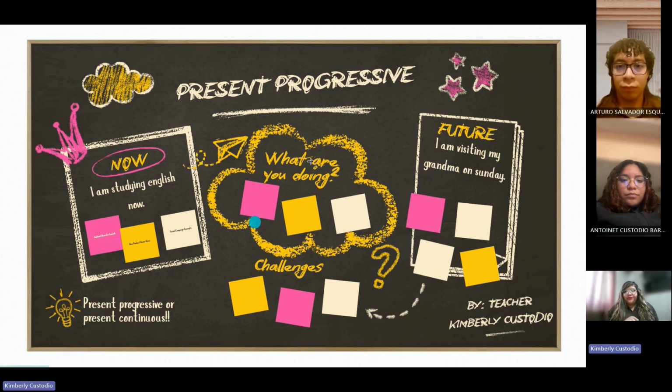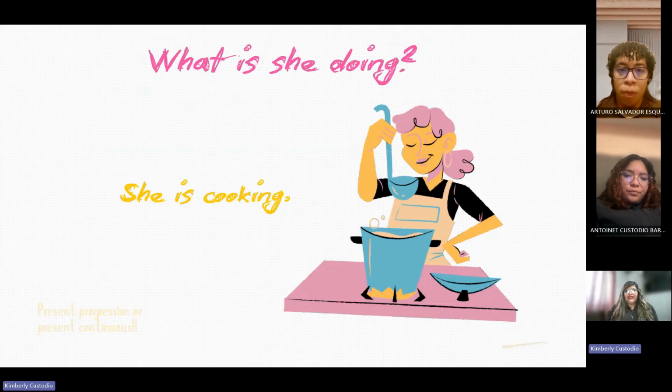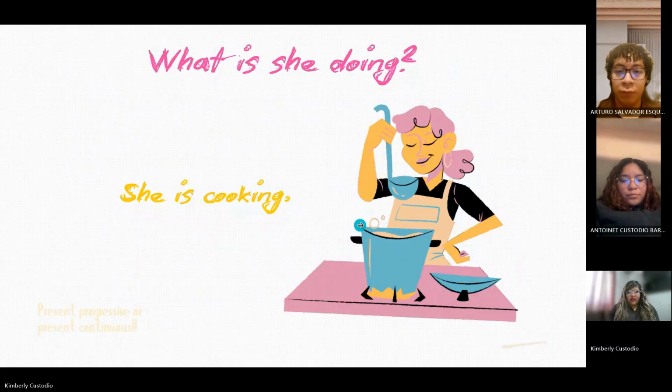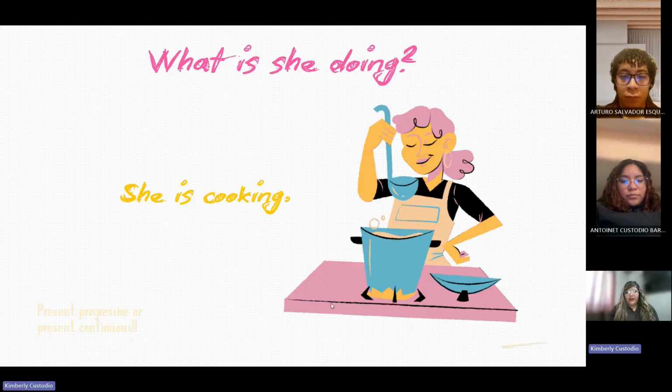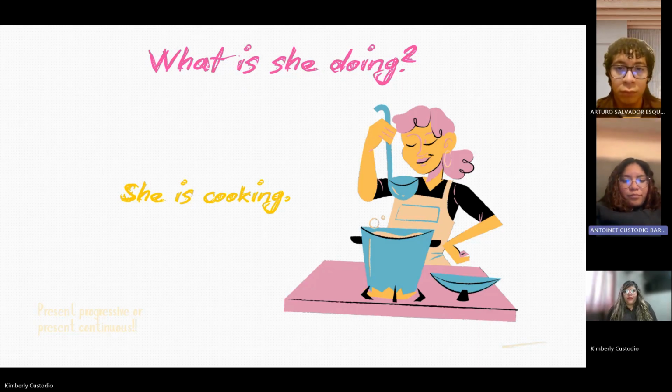Well, we are going to start by looking at this picture. Can you see this picture? Antoinette, could you tell us what you see in the picture? I can see a woman in her kitchen.